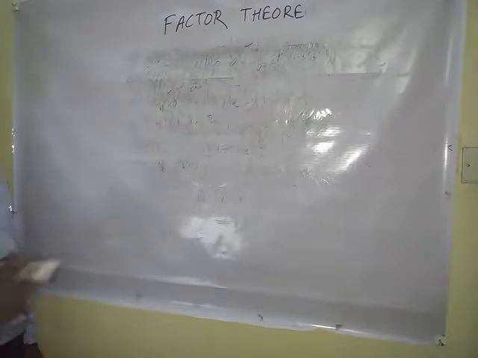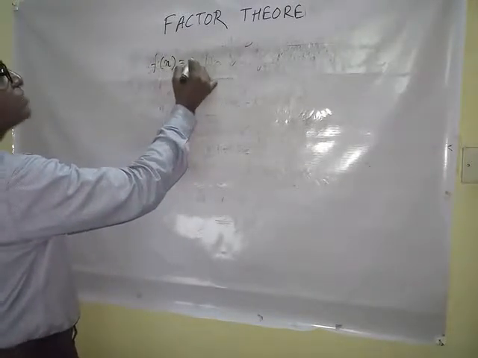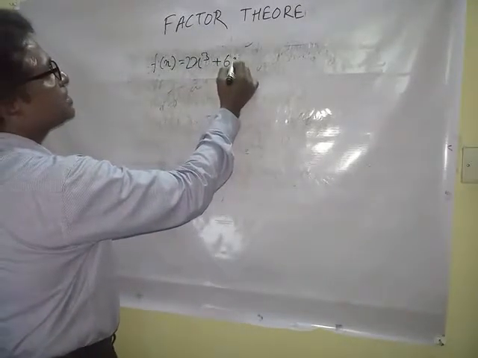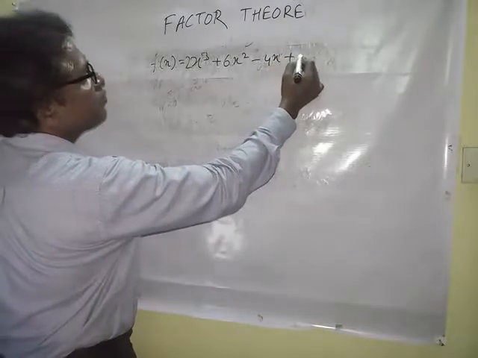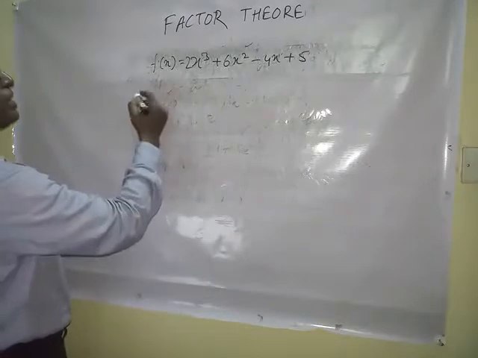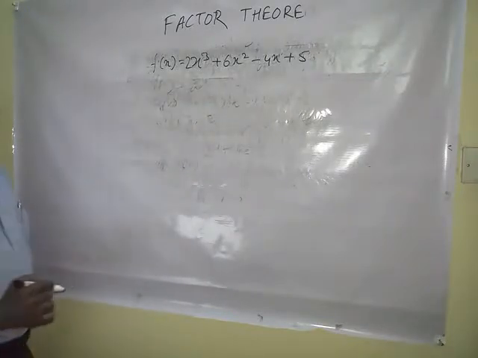Suppose your equation is given, f(x) is equal to 2x cube plus 6x square minus 4x plus 5. So how will you identify whether the integral root theorem or rational root theorem will be applicable?